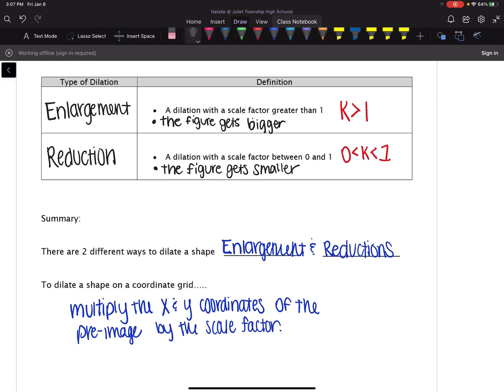The second type of dilation that we saw was a reduction. A reduction happened whenever our scale factor or our K value is in between 0 and 1. And we knew that a reduction was happening because the figure got smaller after we multiplied the scale factor and the coordinates.